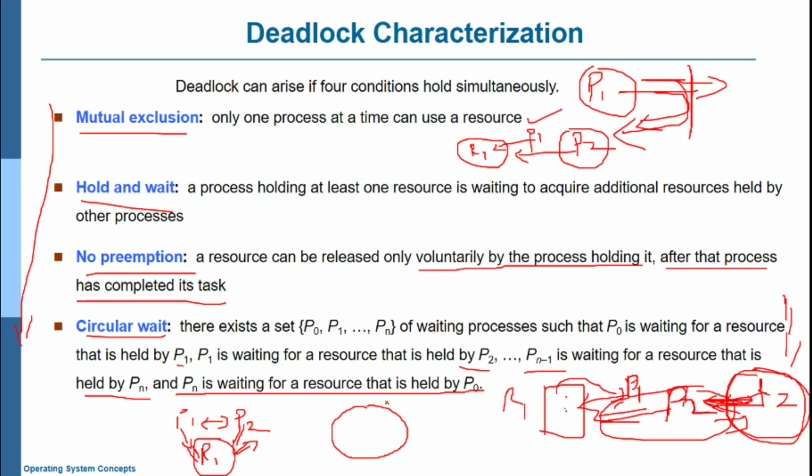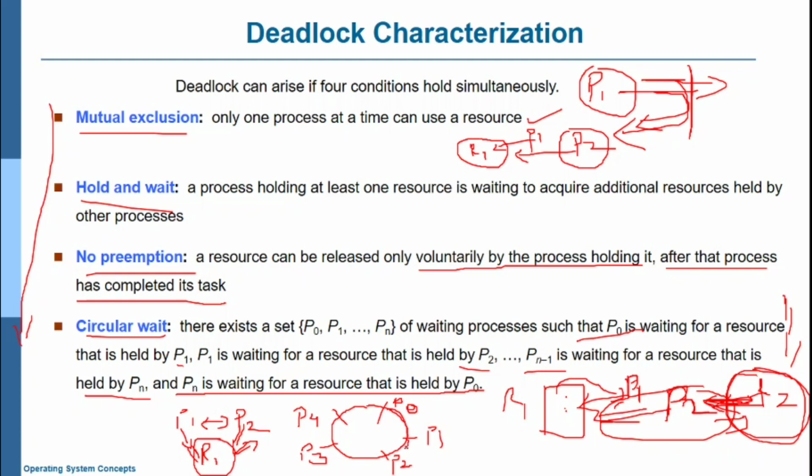Okay, seeing that P0 is represented here, and P1, P2, P3, P4. P0 is waiting for the resource that is held by P1.